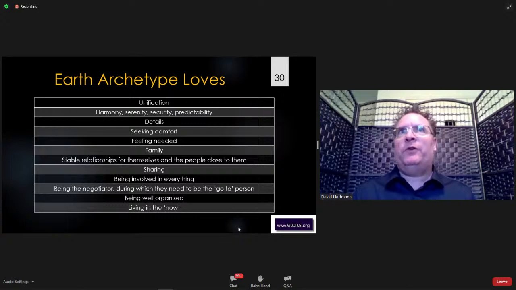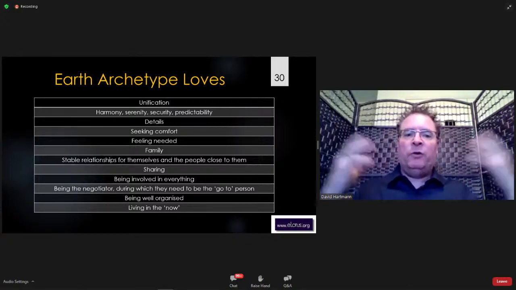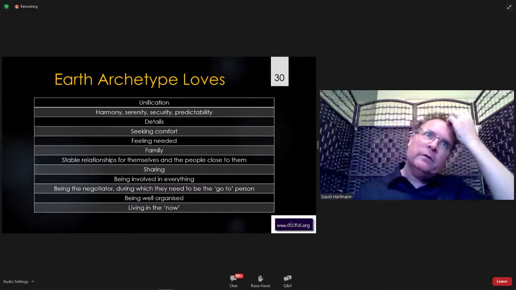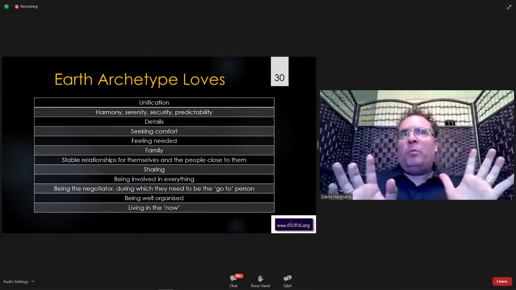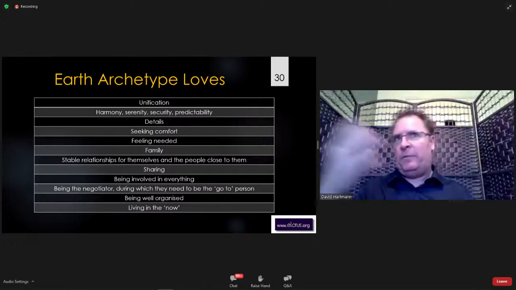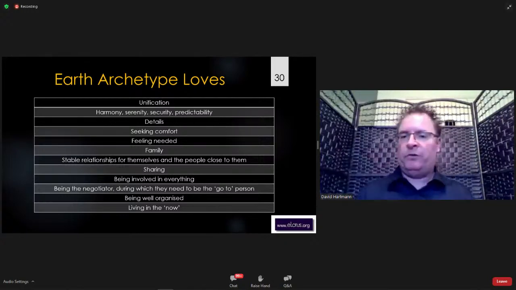Or they'll step out of a conversation if, say, wood and fire archetypes are being too loud and too dominant, and they know they can't help. They might also either step into the background or they'll leave the conversation and go and find a better one for them. They like being well organized and living in the now.